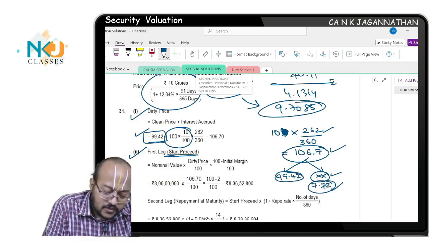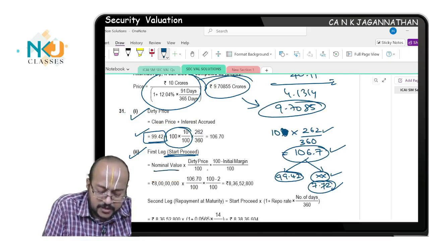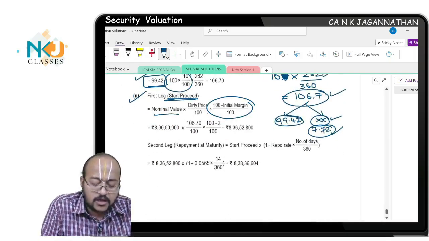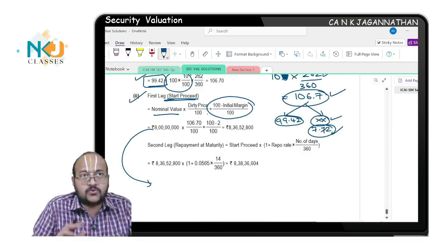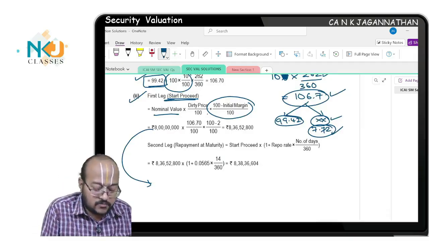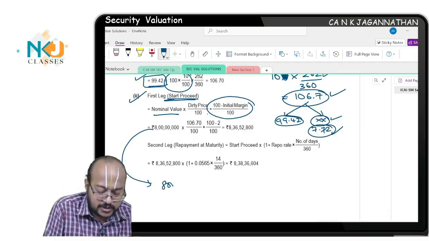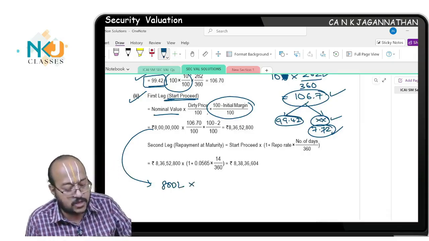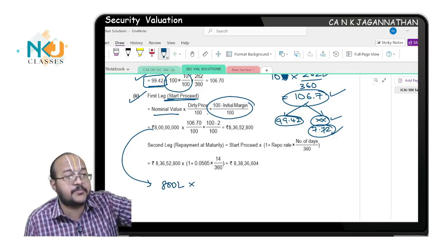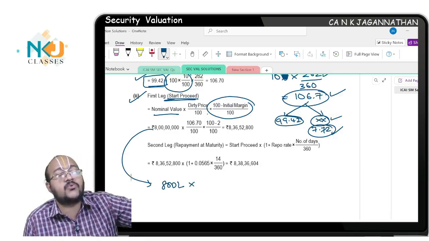See here what happens. Nominal value into dirty price by 100, into 100 minus initial margin by 100. The base value of the borrowing is 8 crore, which is 800 lakhs. Only the dirty price should be considered, because in the market you cannot consider the clean value.